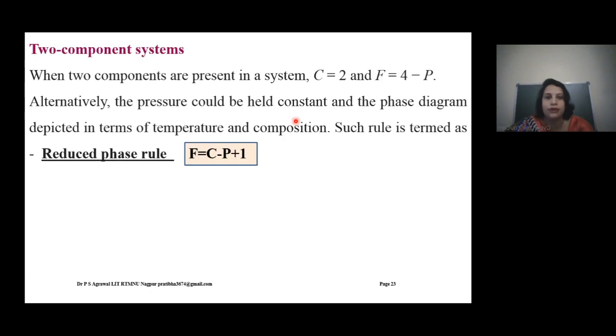Now the same thing for a two component system. When we come to the two component system, C is 2. The minimum phase which will exist is 1. So when we calculate F, we put C as 2 and P as 1.